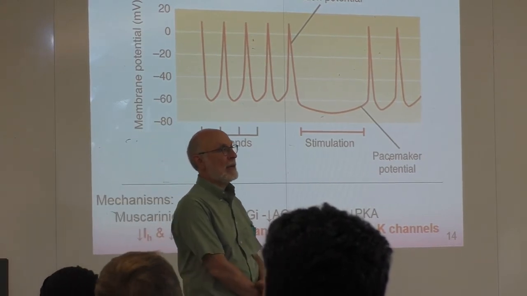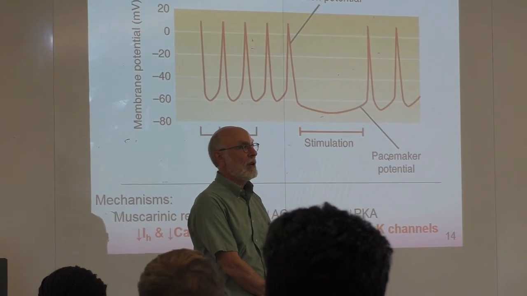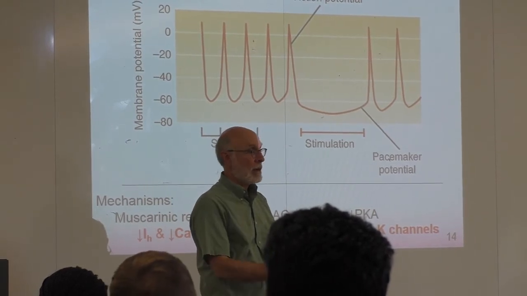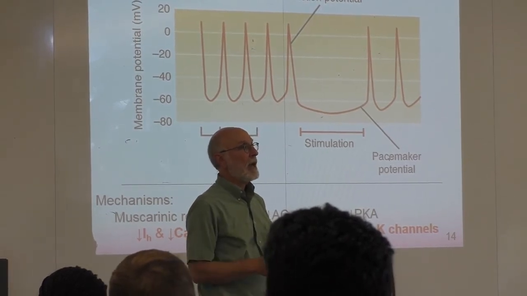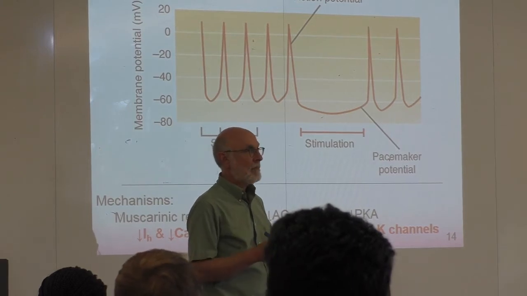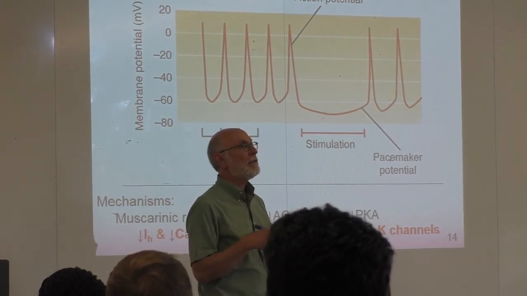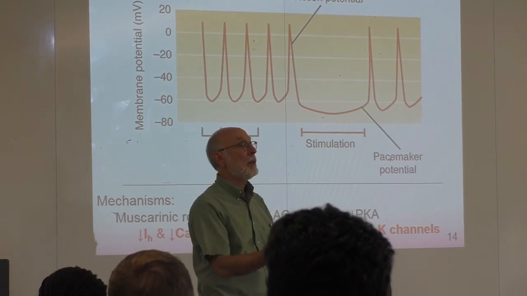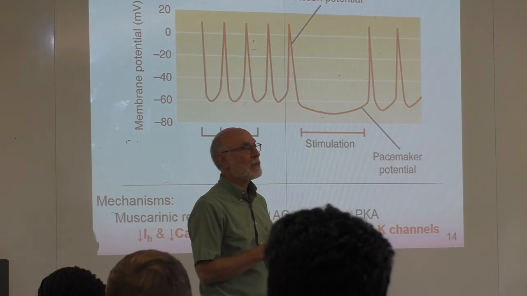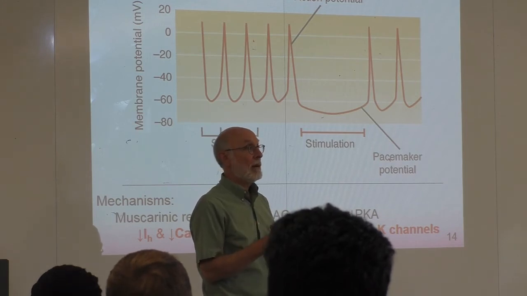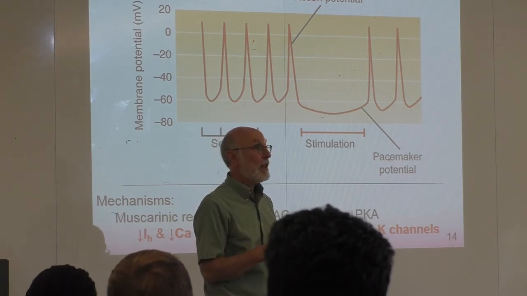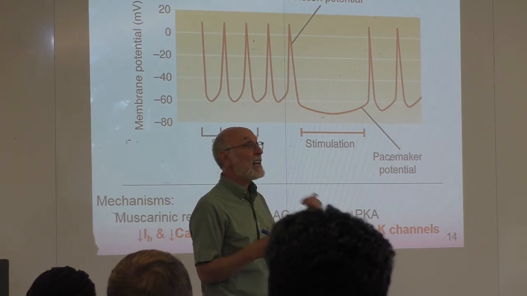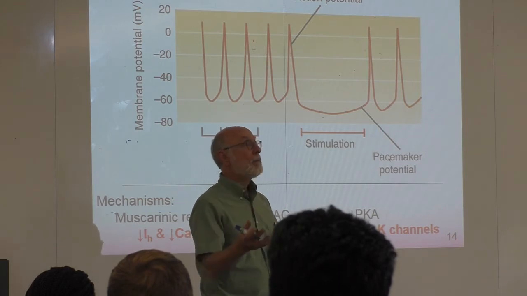I'm not sure, but I could make a plausible argument that what's happening when the heart is dying is that it starts to fail to pump blood. We're going to talk about this next week: the decrease in pressure, because the heart is now failing, is sensed by the pacemaker cells, and the pacemaker cells say, we need more blood.